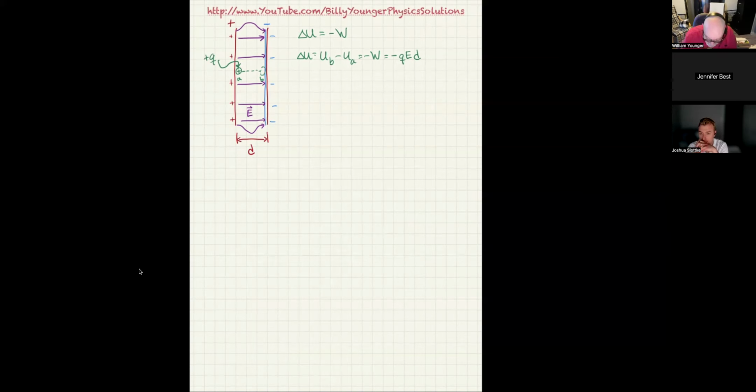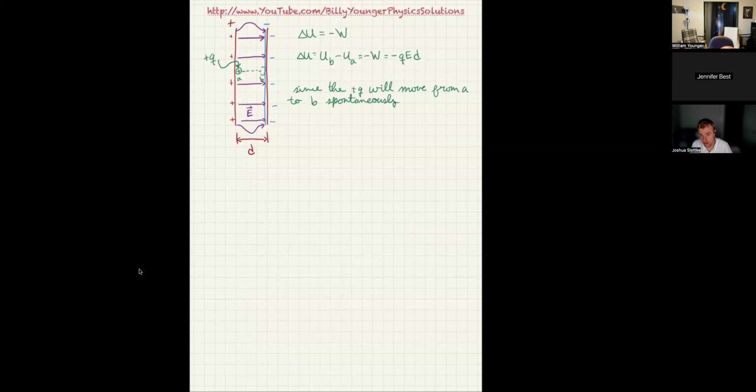So that means, since the positive Q will move from A to B spontaneously. Don't you hate that now that you've had that word in thermodynamics, now we're using it all over the place.